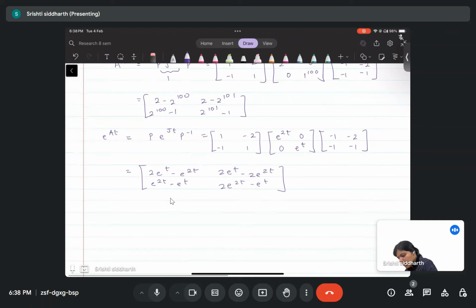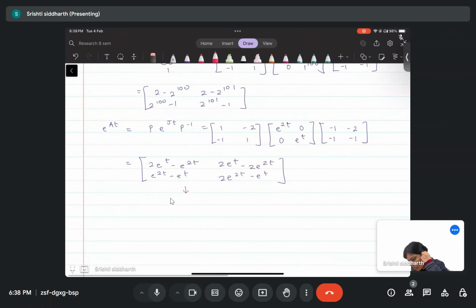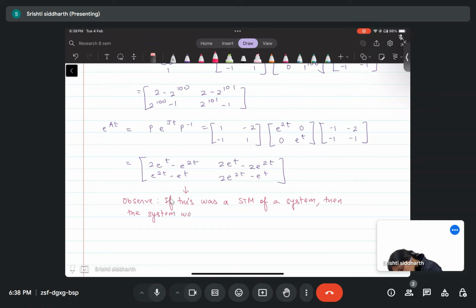So we can observe that if this was the state transition matrix of some system characterized by the matrix A, the system would be unstable. Why? Because all the exponentials have positive parts of t.